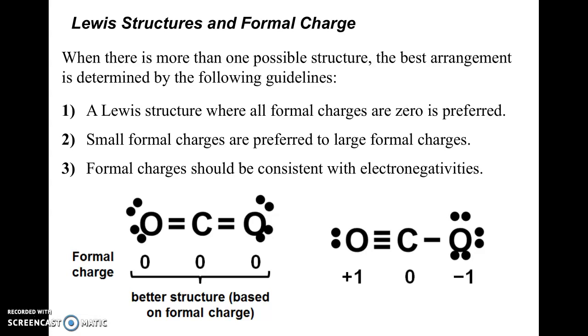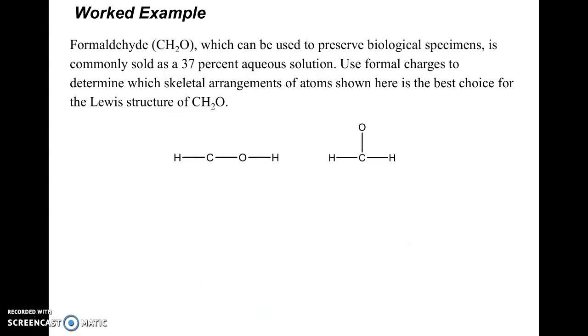And you can see that for the 2 double bond structure, the formal charges are all 0, whereas the triple bonded structure has a +1 and a -1. So the structure with all 0s for formal charges is definitely the preferred.